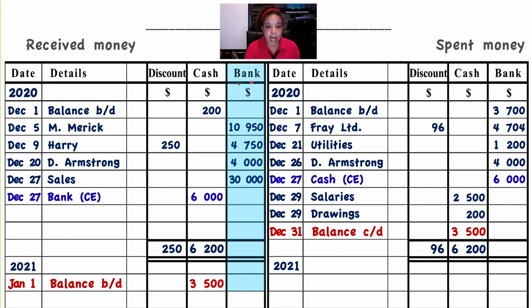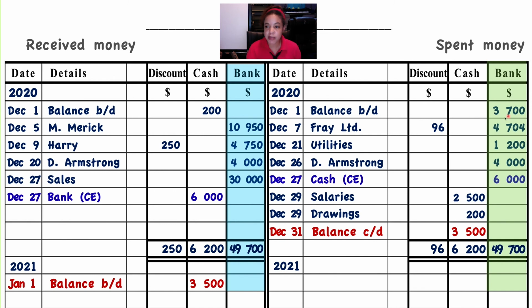So bank, greater total. So you add up these four items and your total, 49,700. You go to the next side, the credit side, and you're putting the same total because it's supposed to be balanced, equal, the same. So the 49,700 that you got is the credit side total.